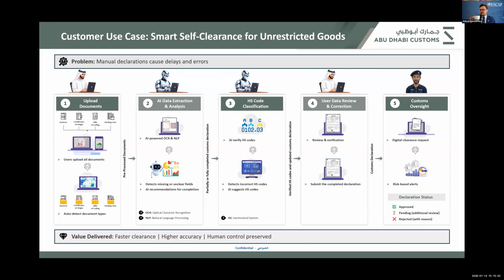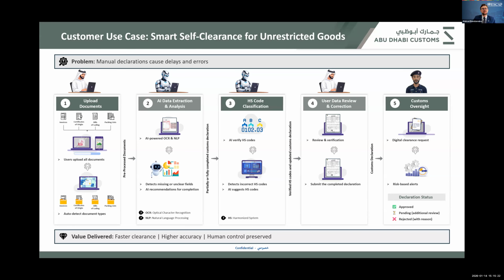We defined what the problem was. The problem was that manual declaration causes delays and errors. Everybody knows that a declaration is a process that needs a lot of information to be filled, which is subject to errors, as well as taking a long time.